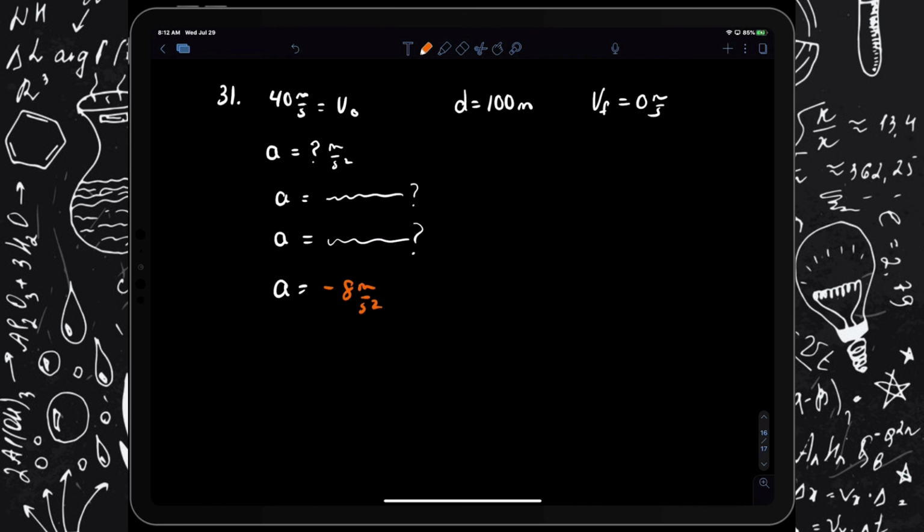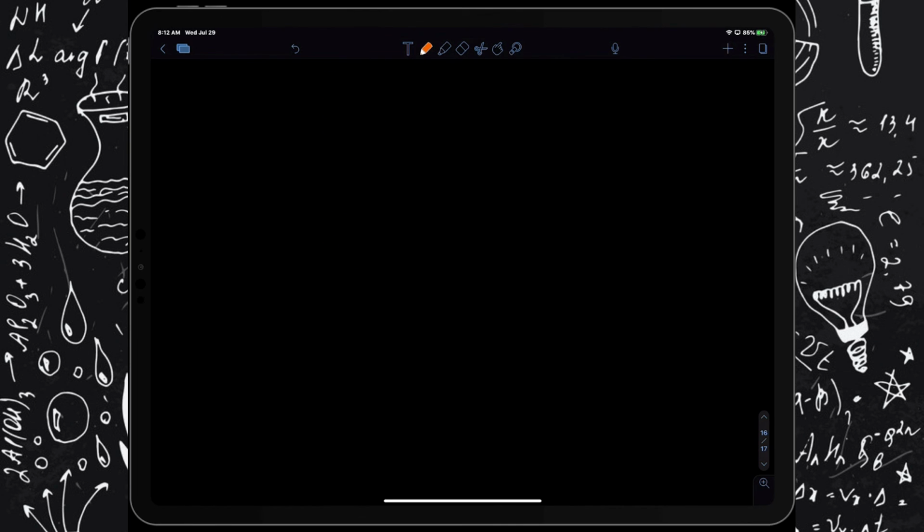We have number 32, the last one that you have for today. Number 32 says that suppose you're driving along a highway at a speed of 45 meters per second, and your best deceleration from your brakes produces an acceleration of negative 4.5 meters per second squared. Why negative? Because it's slowing down.